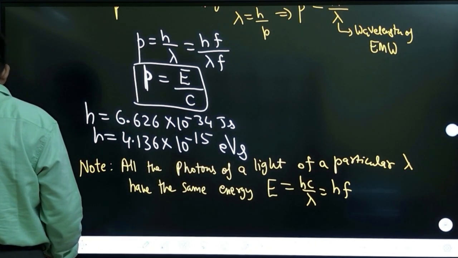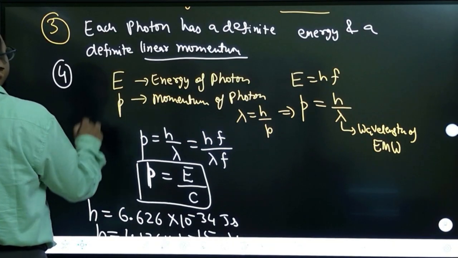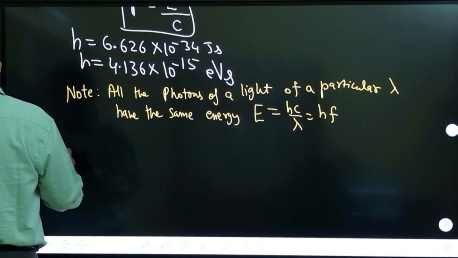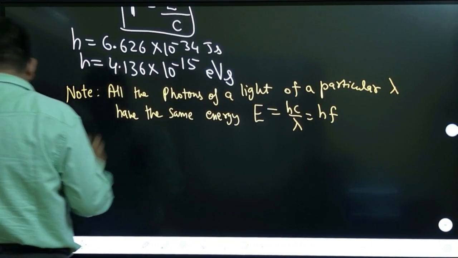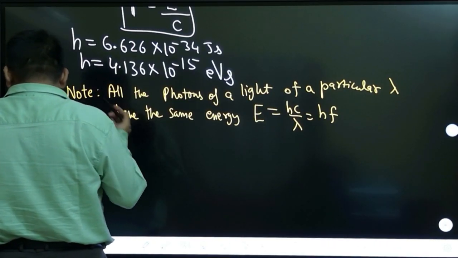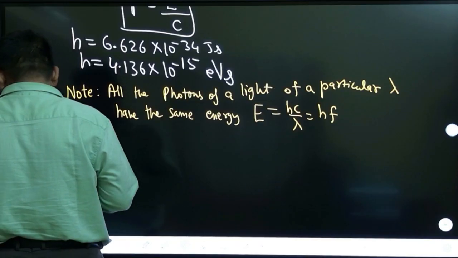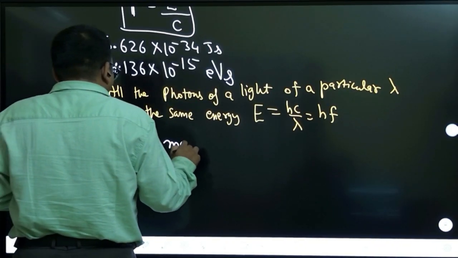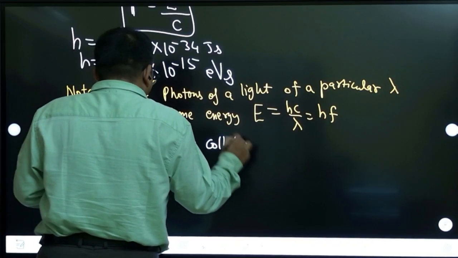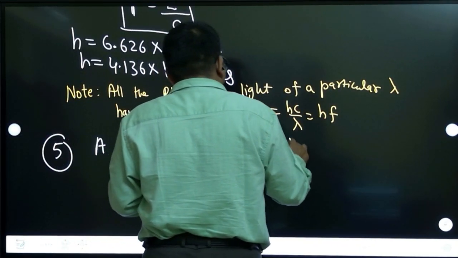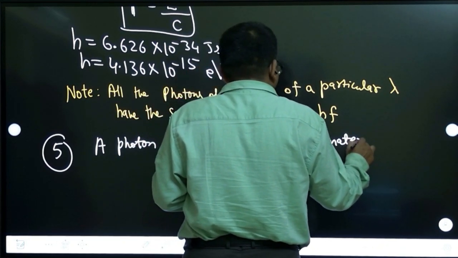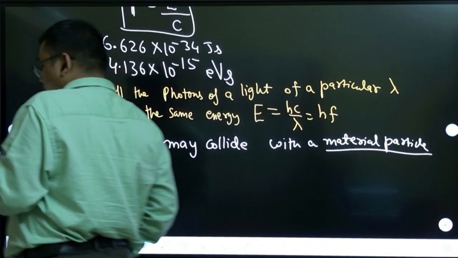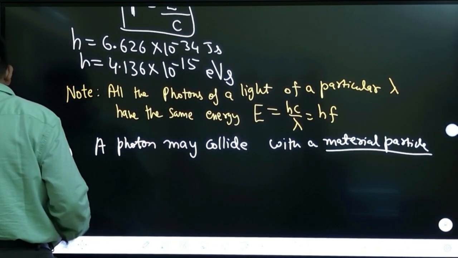Next, point number 5. These points I am writing from S.C. Verma, but they are very important; other textbooks may not give that much clarity. A photon may collide with a material particle. There are a lot of questions on collision of a photon with a particle.